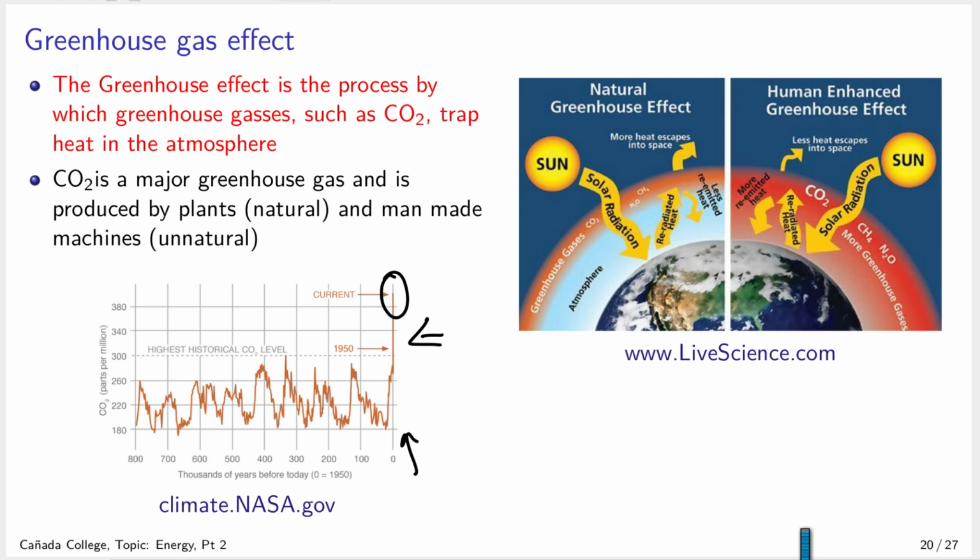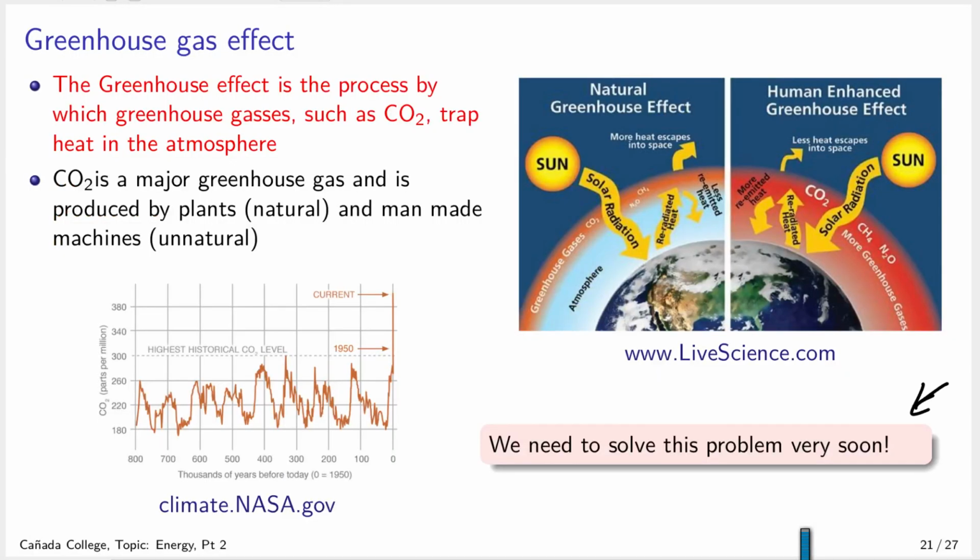So we are close to about 400 parts per million of carbon dioxide. So this is about 400 ppm, and that means for every million gas molecules in air, 400 of those are carbon dioxide, and this is significantly higher than what has been seen in the past.